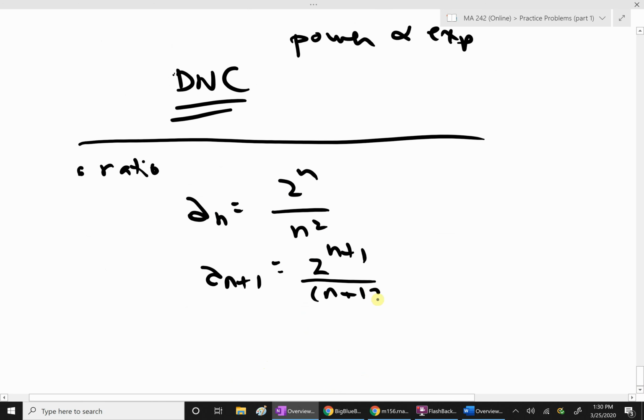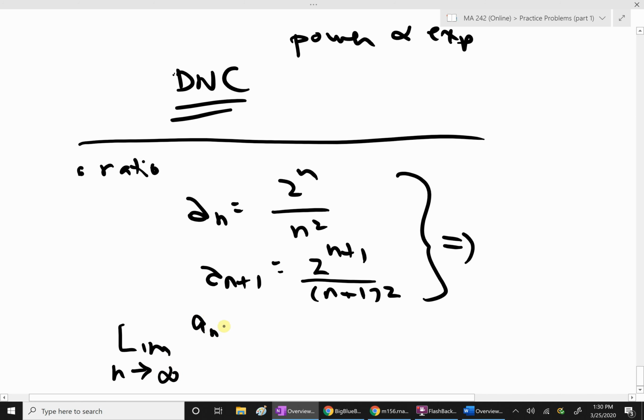So when I'm doing the ratio test, I'm looking at the limit as n goes to infinity of a_(n+1) over a_n, which is 2 to the n plus 1 over 2 to the n times n squared over n plus 1 squared.